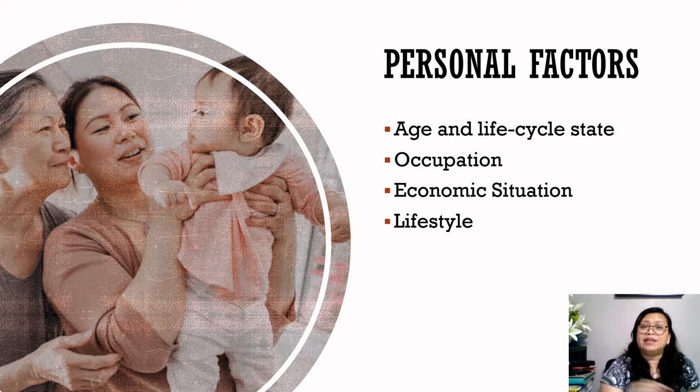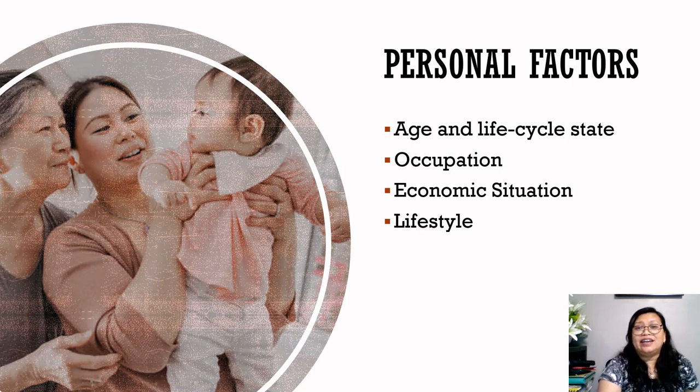People coming from the same subculture, social class, and occupation may have quite different lifestyles. When we say lifestyle, we are referring to a person's pattern of living as expressed in his or her psychographics. It involves measuring consumers' major AIO dimensions. A for activities, which could include work, hobbies, shopping, sports, special events.